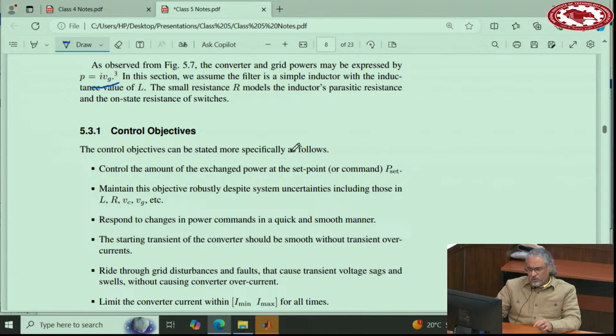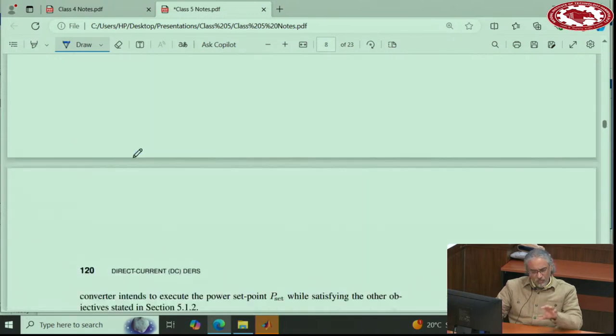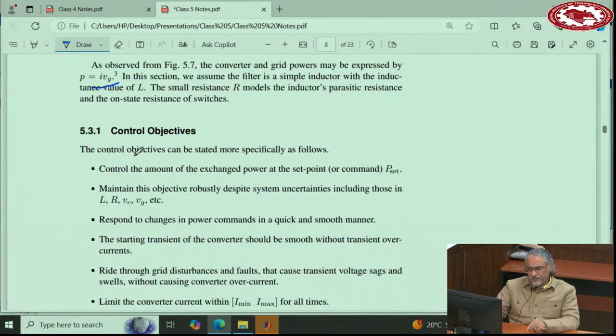Okay, so now let's redefine the control objectives in this problem in a more specific way. We want to control the amount of power to be equal to P set. Okay? And we want to maintain this objective robustly.